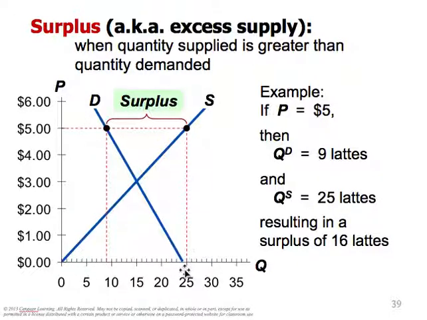And if the quantity supplied is bigger than quantity demanded, we say that there is an excess supply or there is a surplus. For example, if price equals $5, quantity demanded equals 9 lattes, quantity supplied equals 25 lattes, the difference between 25 and 9 equals 16, so surplus equals 16 here.